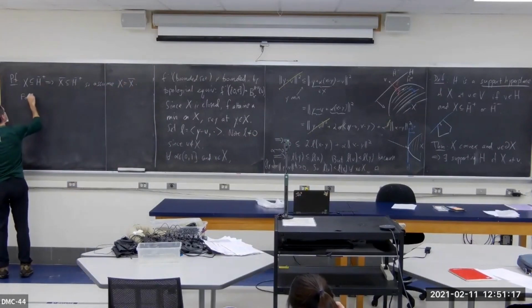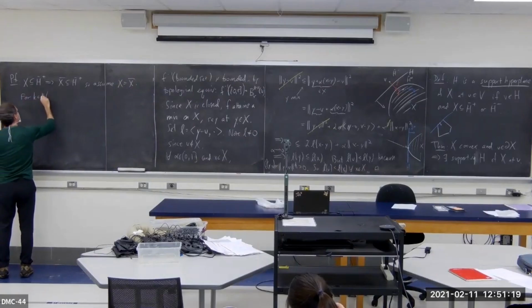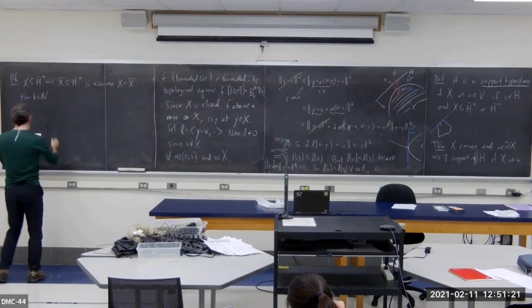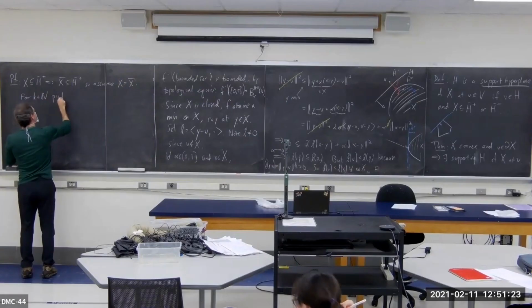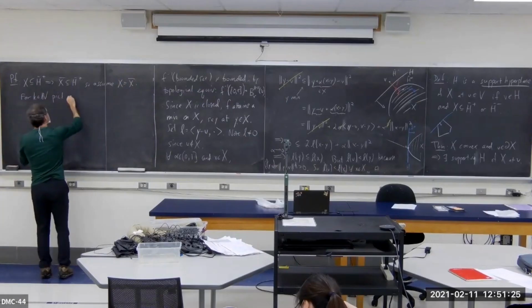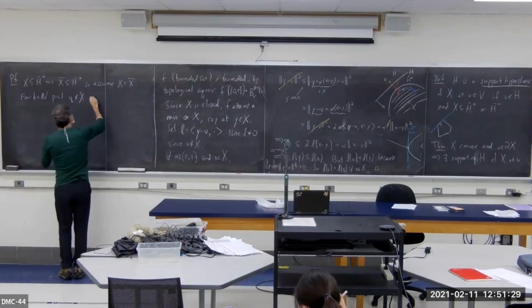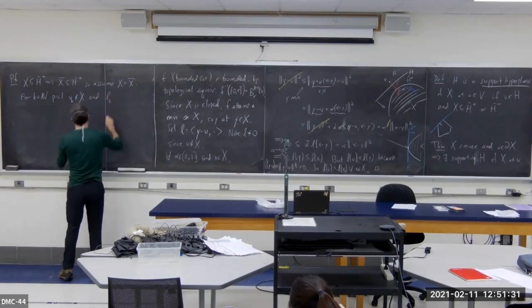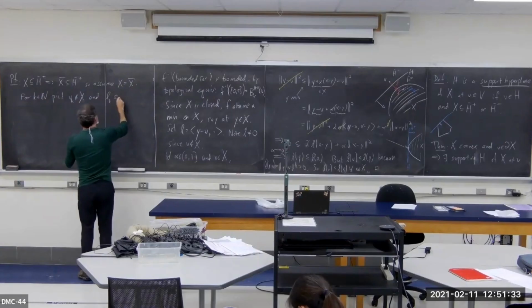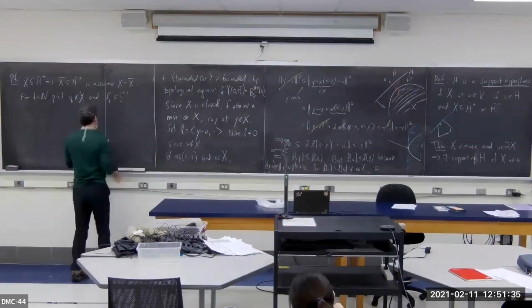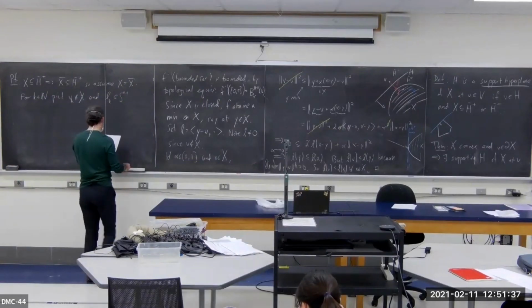So for k, which is a non-negative integer, pick, let's say, v_k outside of X, and l_k in the sphere of dimension n minus 1.